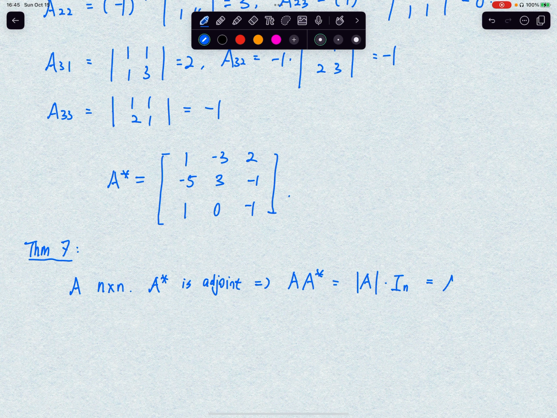That is still equal to A star times A. So this gives a kind of underlying meaning for the adjoint: it is a mapping to the identity matrix of the corresponding matrix.